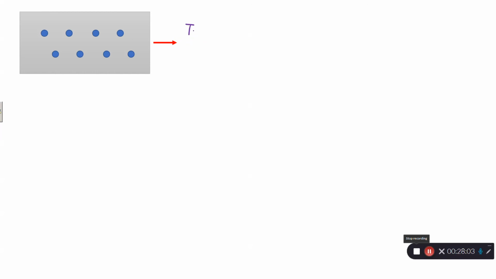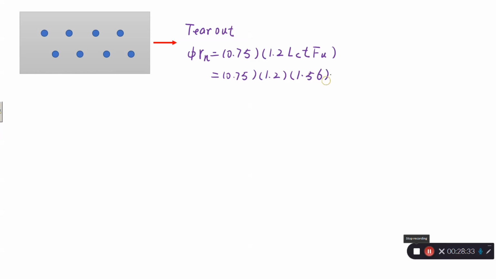Okay, so we have one tear out. So let's calculate tear out capacity. phi Rn is equal to 0.75 times 1.2 Lc t Fu. Right, so it's equal to 0.75 times 1.2 times Lc 1.56, and the thickness of the plate is 0.5 inches.